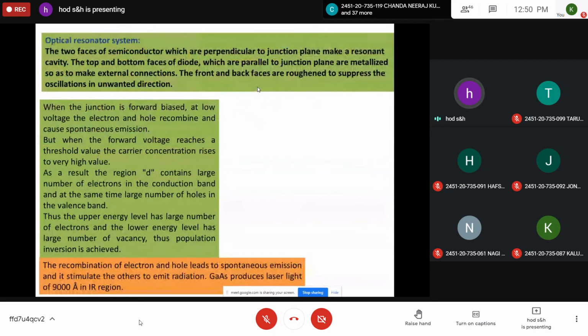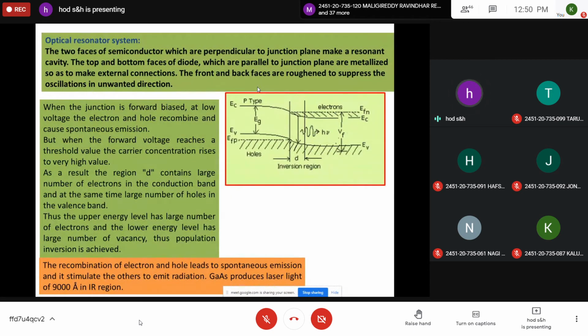Because the light should be guided properly, the two faces of the semiconductor which are perpendicular to the junction plane are arranged to make a resonant cavity. The top and bottom faces of the diode which are parallel to the junction are metallized to make external connections, so they are coated with metallic elements.